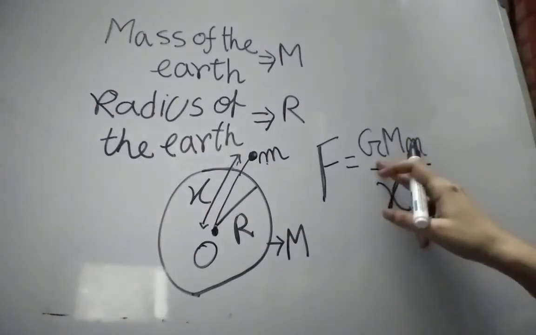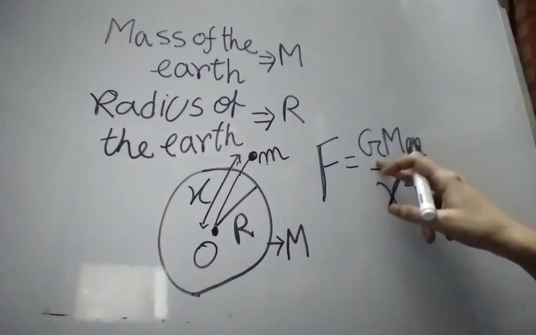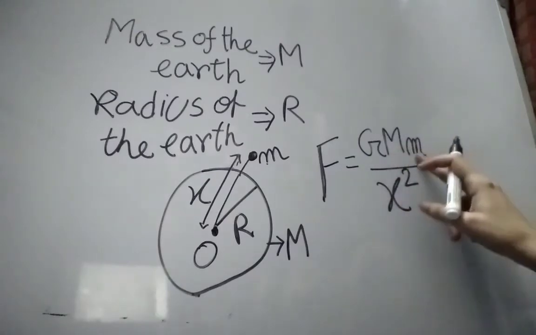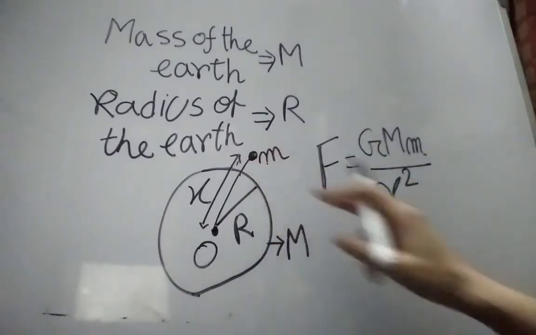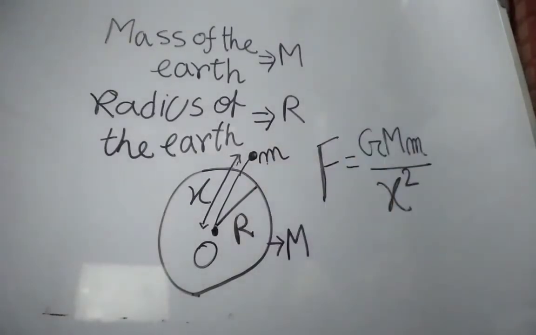G is the universal gravitational constant, M is the mass of the earth, this small m is the mass of this object, and x is the distance of the object from the center of the earth.